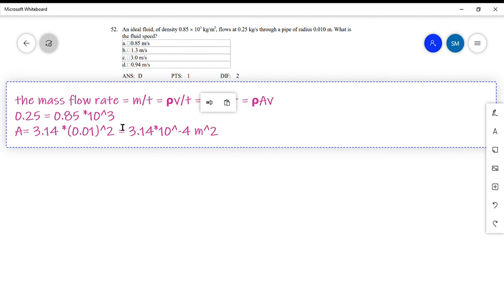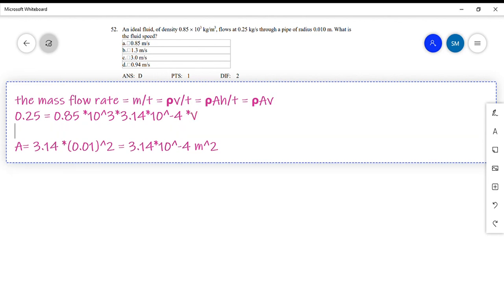So we calculated the area. Let's put it here and continue substituting: 10 power negative 4 times the speed or the velocity.